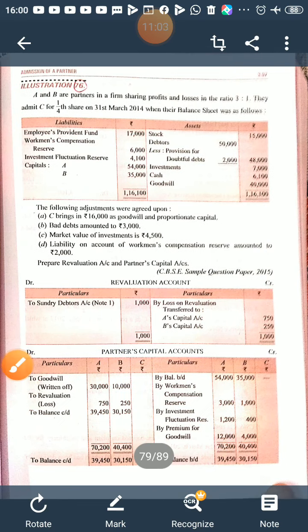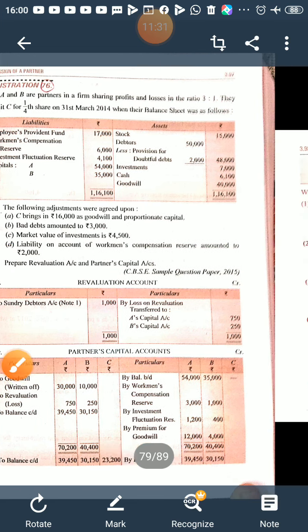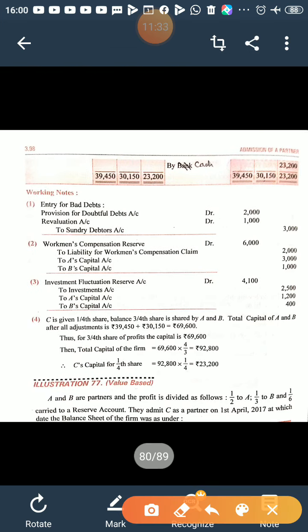Now next is workmen compensation reserve 6,000, and the liability on account of workmen compensation amounted to rupees 2,000. So actual liability is 2,000 and we have a reserve of rupees 6,000. So the balance of rupees 4,000 will be distributed among the old partners in their old ratio. So the journal entry is given here.